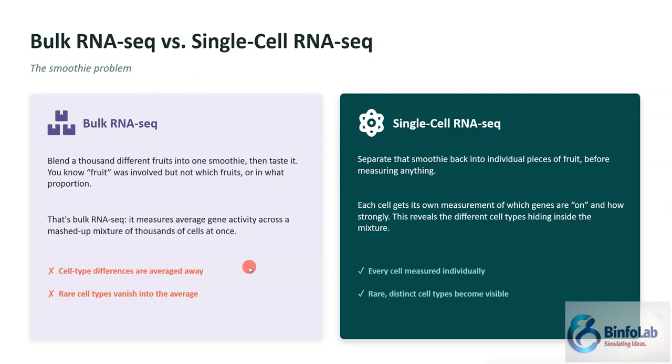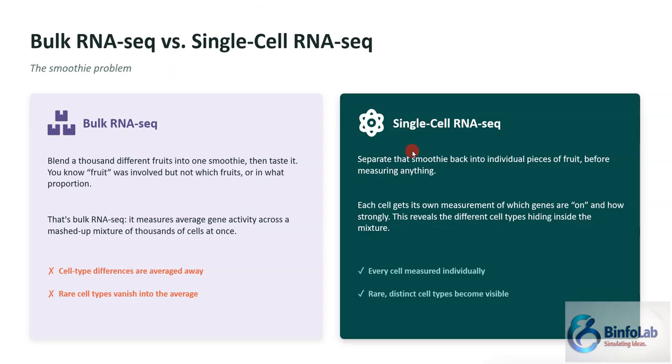So if there is some rare cell type or rare expression of a gene, there is a higher possibility that it will vanish during that mixture, just as you can imagine again with the smoothie problem.